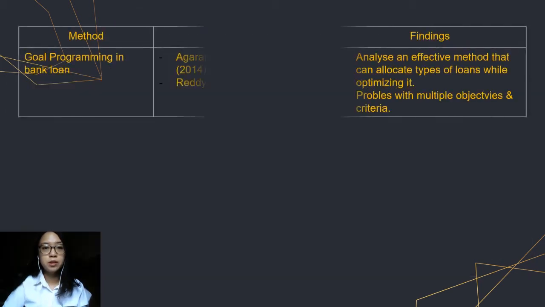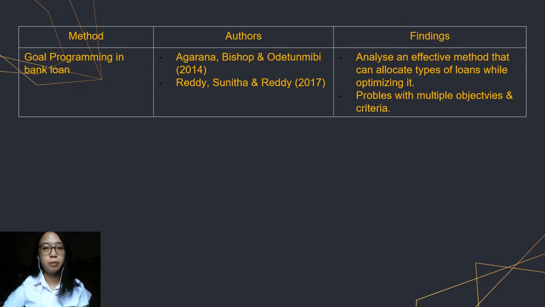But some research also applies the goal programming method to bank loans. Agarana and Reddy, both researchers, have applied goal programming to analyze an effective method that can allocate types of loans while optimizing it. The goal programming technique is usually applied to problems with multiple objectives and criteria.